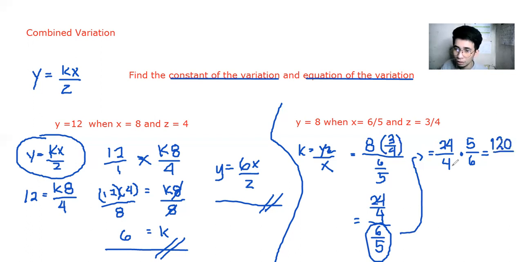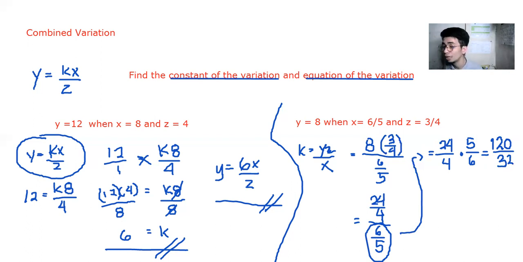Over 6 times 4. What is 6 times 4? Yeah. So we have 24 over 4 times 5 over 6. Then 120 over 24. Then ano natin yan?